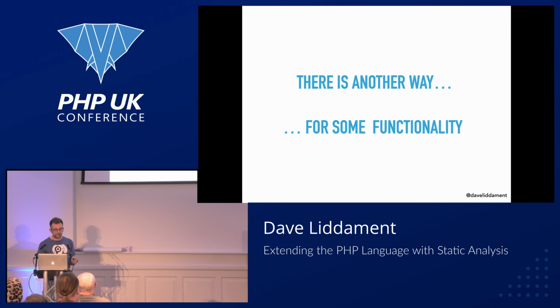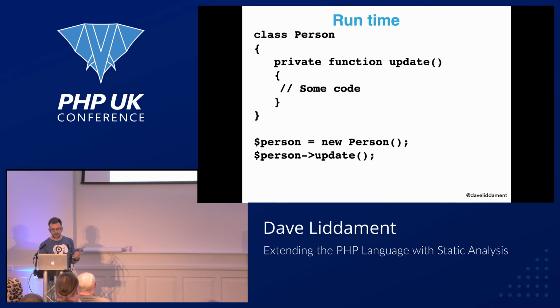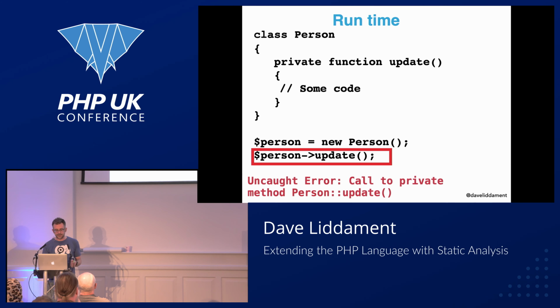So instead of executing code, we can analyze it beforehand. If we look at this code here, if we executed it, it would fail on this line, where we're calling the update method on person. If we run it, we'd get this uncaught error: call to private method Person::update.